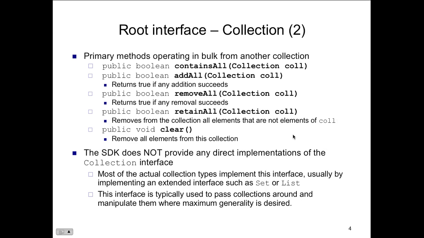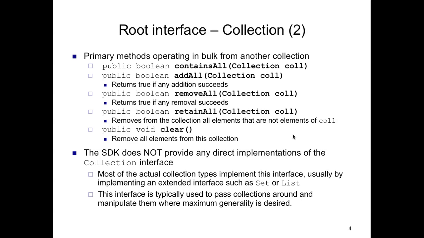So the SDK, the Software Development Kit, does not provide any direct implementations of the collection interface, but the interface gives us our implementation. And we'll see in the examples, we have to add a clear, we have to do a size. If we're using the interface, we're implementing the methods. Then it's basically giving us, and I don't like the word template, but it's sort of giving us a template as to what we need to implement.